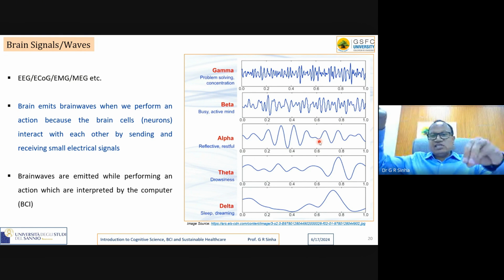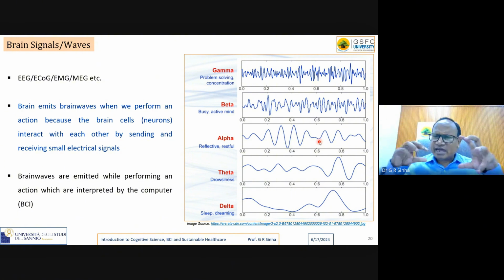When you see the ECG, can anybody explain about ECG? It is the record of your pulses, heartbeats, what is called electrocardiogram. Is it a time series signal? What do you mean by time series signal? It is nothing but a series of impulses, certain voltages. Similarly, EEG is also a time series signal.